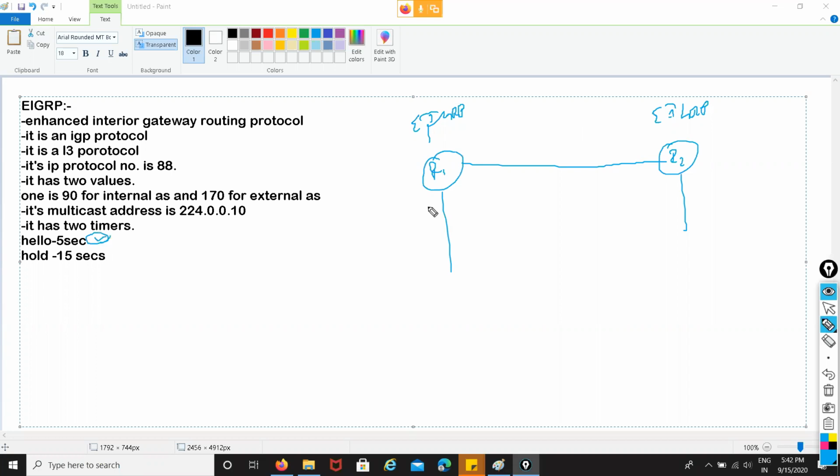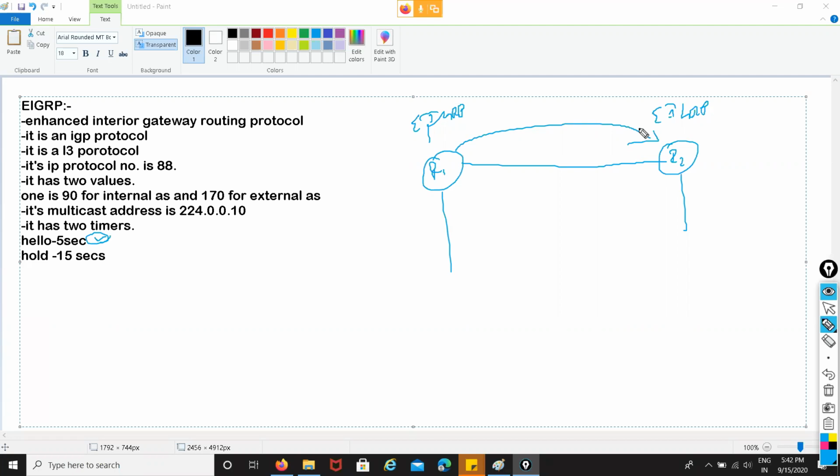Those packets identify whether the other side has a connection and whether the EIGRP protocol is activated. If it finds EIGRP is activated, then through these packets they can create a neighborship by which they can share information with each other.